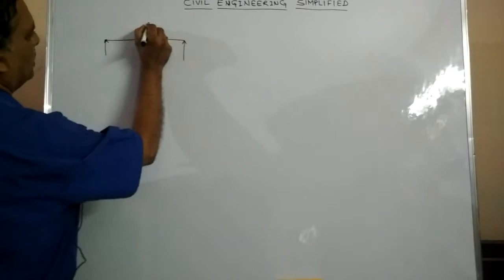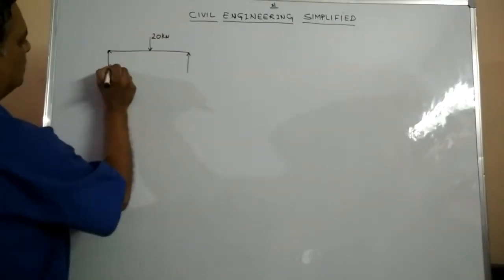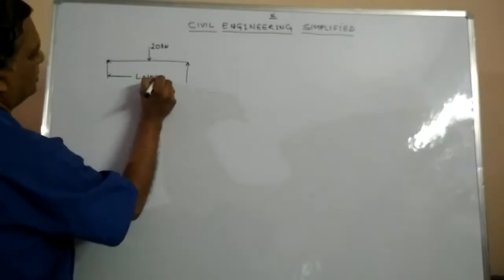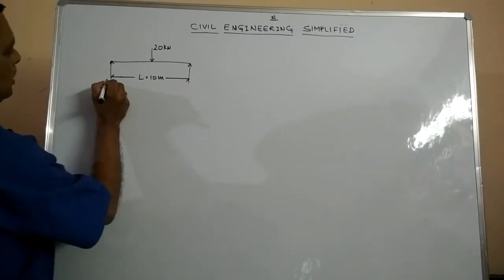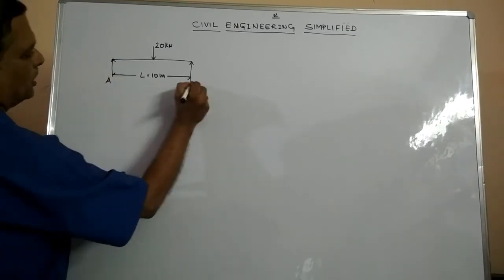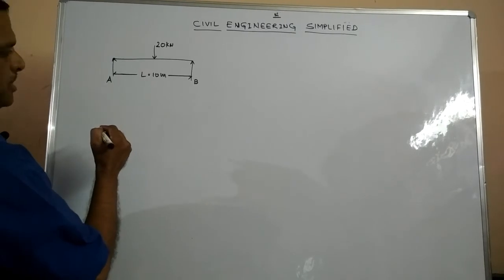So as usual, I am considering a 20 kN constant force on this beam. Let us take the span as 10 meters. I'll call the support on the left-hand side A and the support on the right-hand side B.